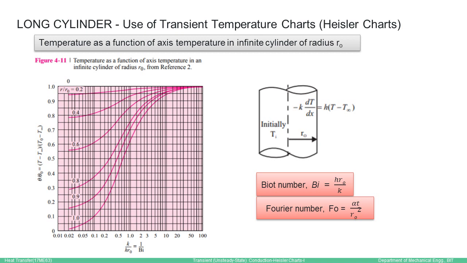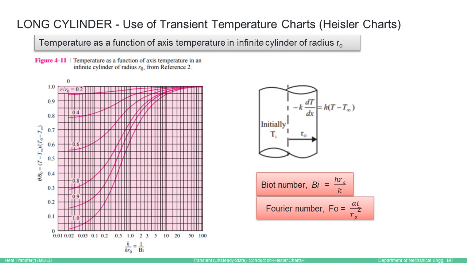For that value, and with a known or calculated value of Biot number and hence 1 by Biot number, you can find the corresponding value of theta by theta naught. Having found theta naught from the previous chart, you can find the corresponding value of T, that is, the temperature at any radius r.